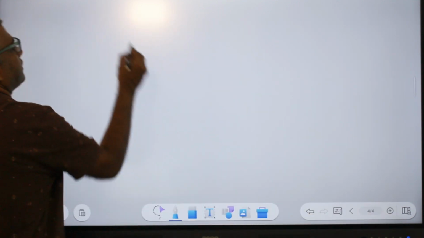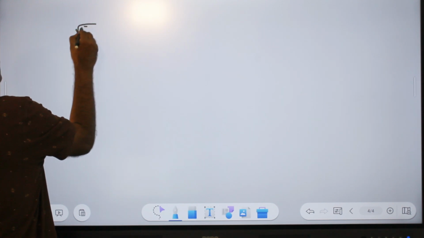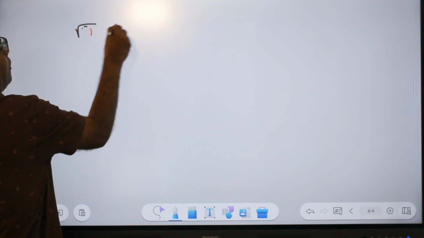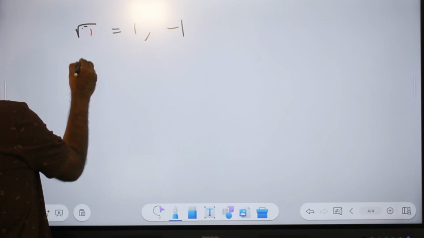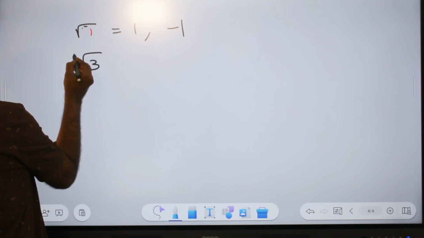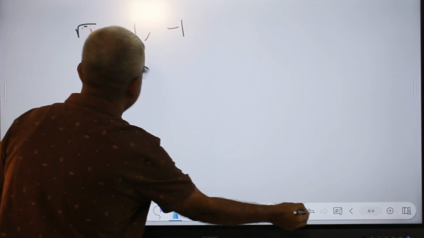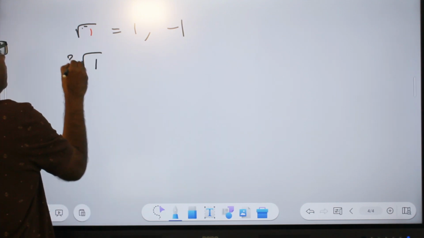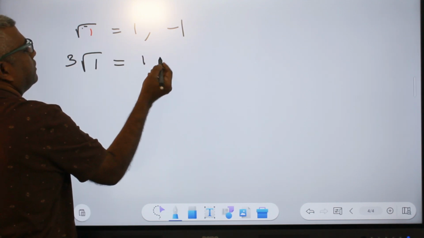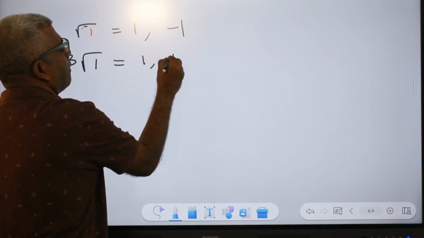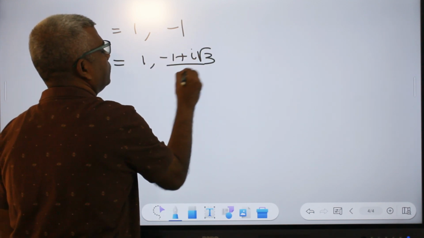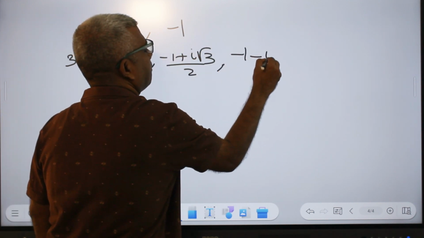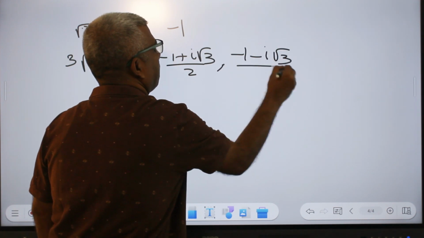Okay, there is one special property. Square root of 1, what are the roots? 1, minus 1. Cube root of 1 is 1, minus 1 plus i root 3 by 2, minus 1 minus i root 3 by 2.